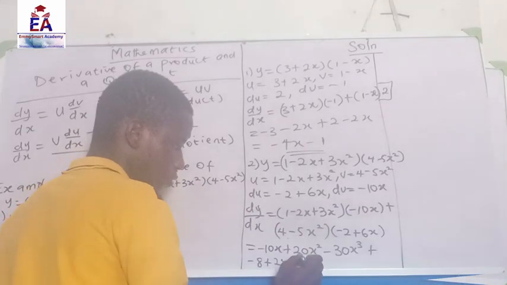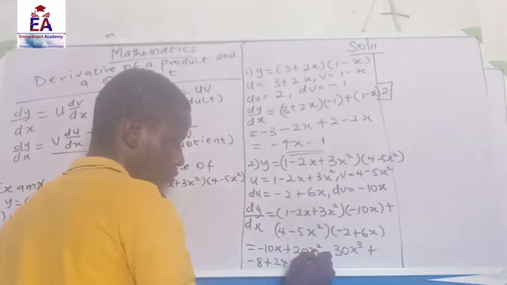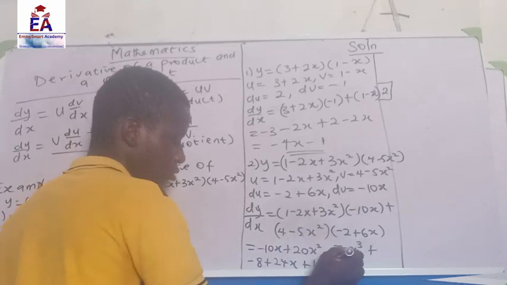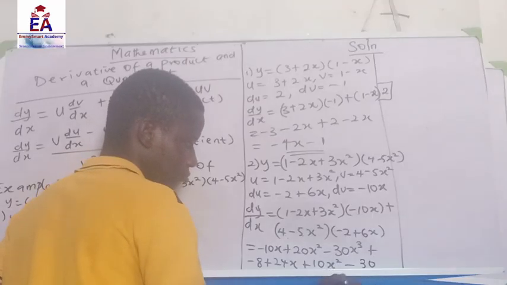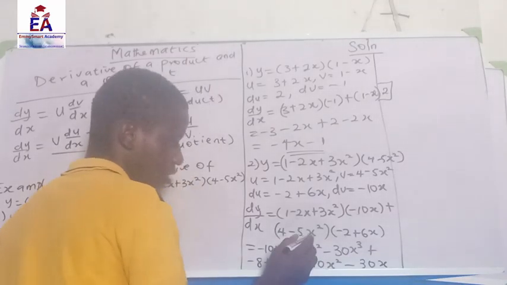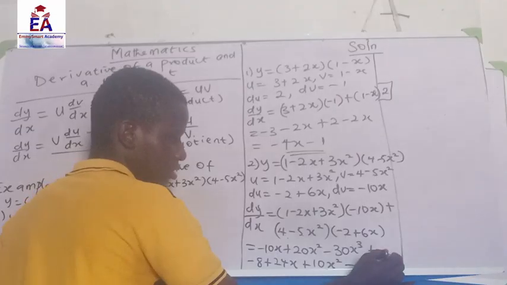Minus minus is plus. 5 times 2 is 10x squared. Minus plus equals minus. 5 times 6 equals 30x cubed. Then x, how many x is 2? 1. Like so.